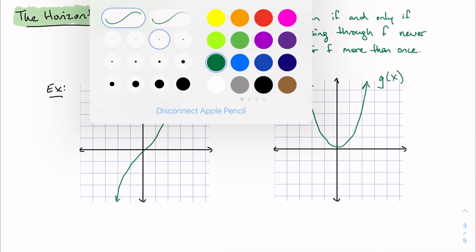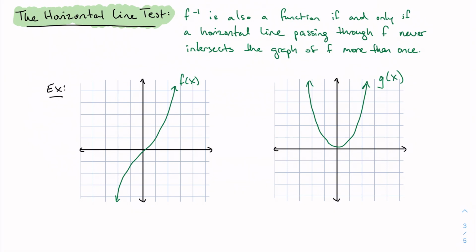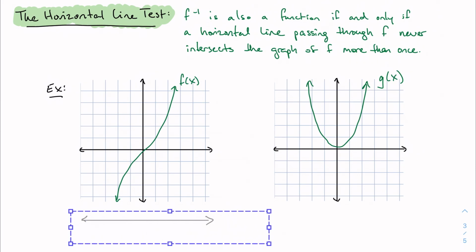Here's what I mean. If I were to take a horizontal line, and I really hope I can pick this up and move it, that's not horizontal. It'd be really helpful if I could just pick up a horizontal line and move it. Let's see if this works. Yeah, all right.